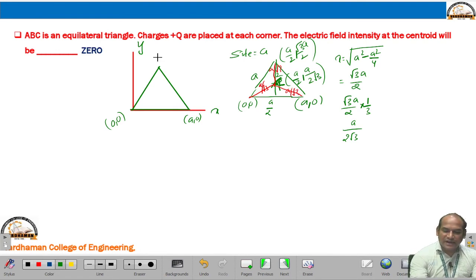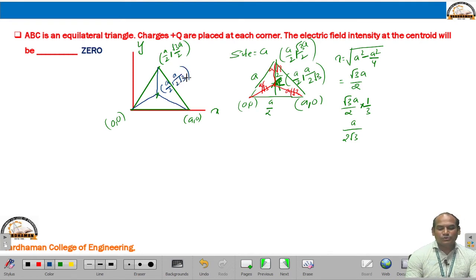So here we can write now A by 2 comma root 3 A by 2, and here the centroid is available, and centroid coordinates are A by 2 comma A by 2 root 3, that is also available, and from the centroid to each corner or each vertex of the equilateral triangle the length is A by root 3, that already I have told.